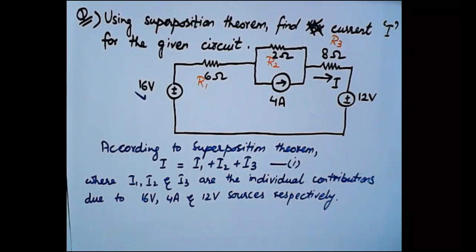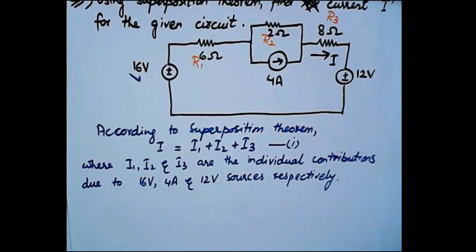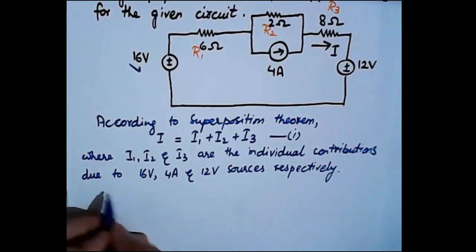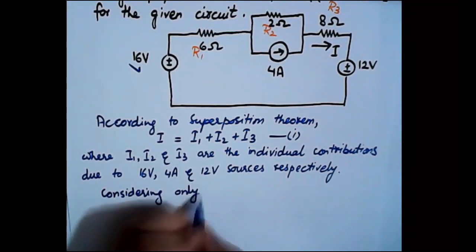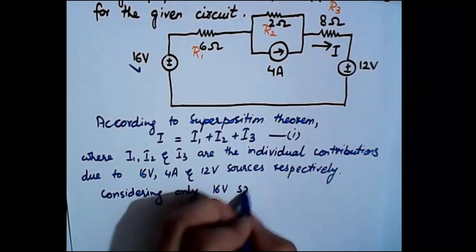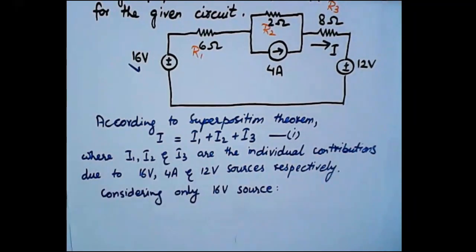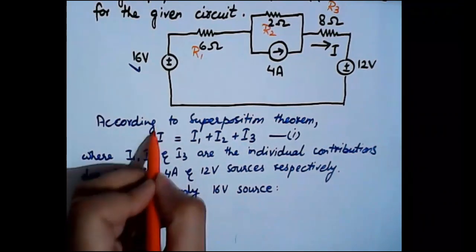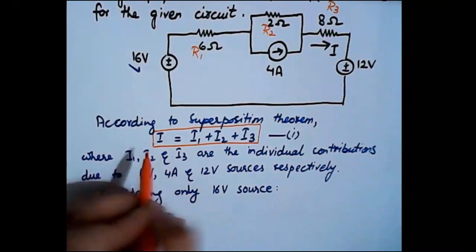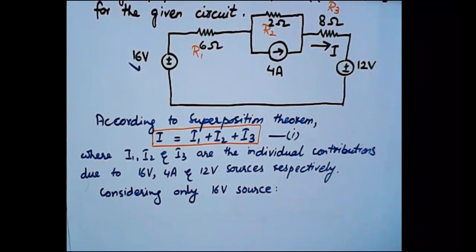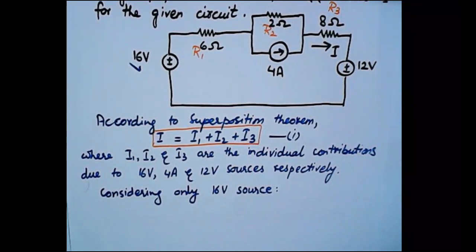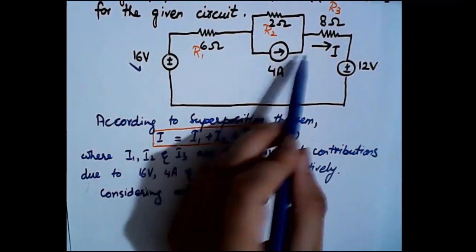So let's write, considering only the 16 volt source, this 4 ampere source will be removed.